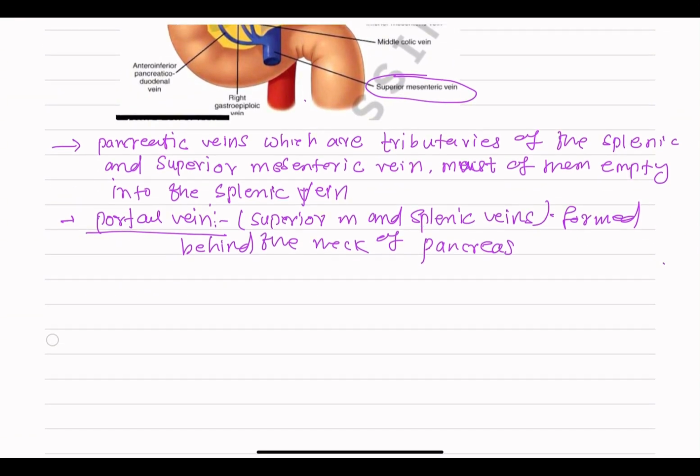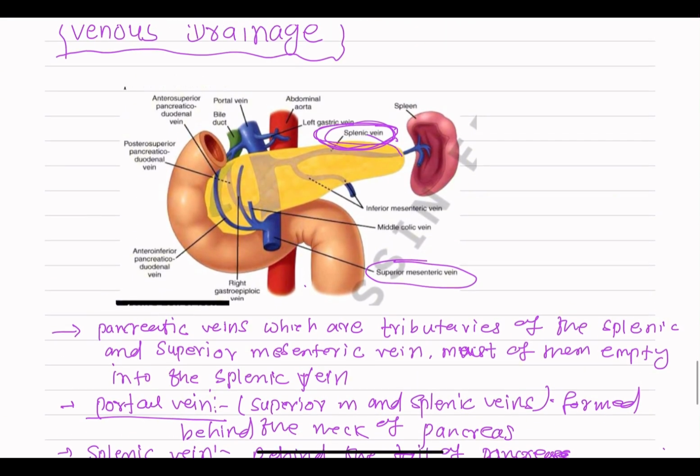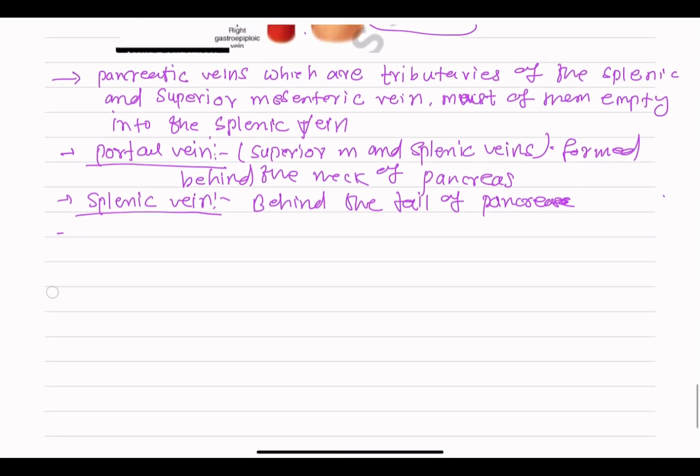The splenic vein also runs behind the tail of the pancreas. This part is the tail of the pancreas, so you have to understand the location of the splenic vein also.